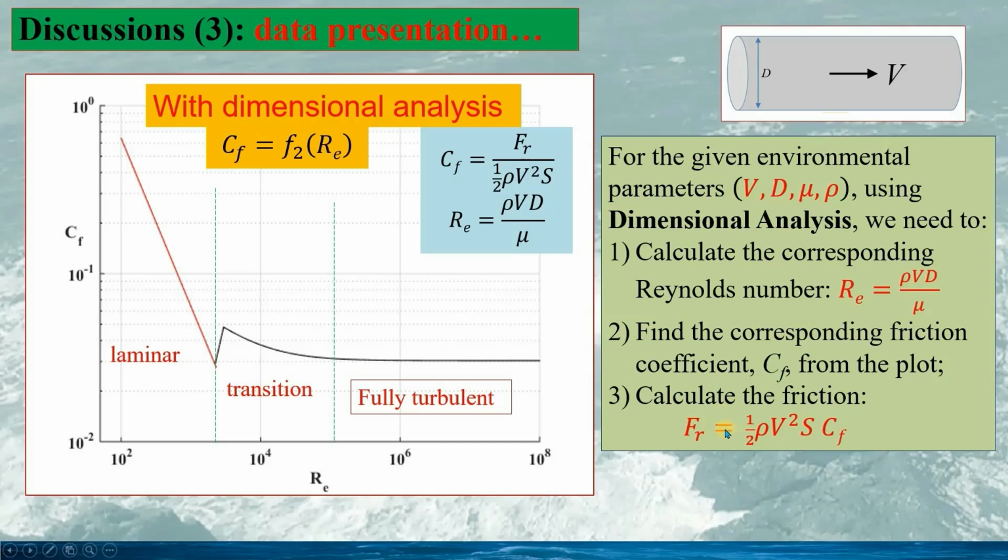And then we can easily calculate the fluid friction using this equation. So we can see with the dimensional analysis, it is much easier to present the data as well as to find the fluid friction if the environment parameters are given.